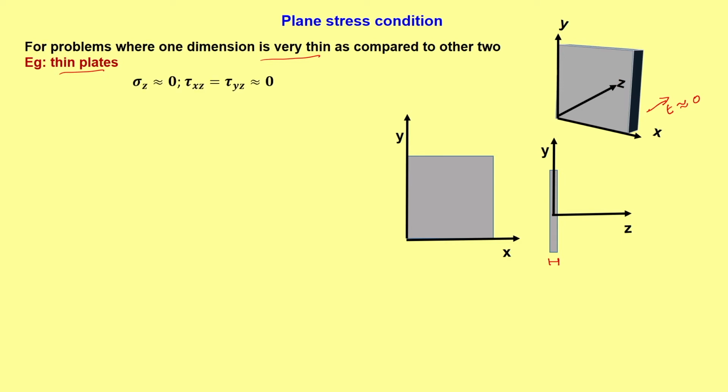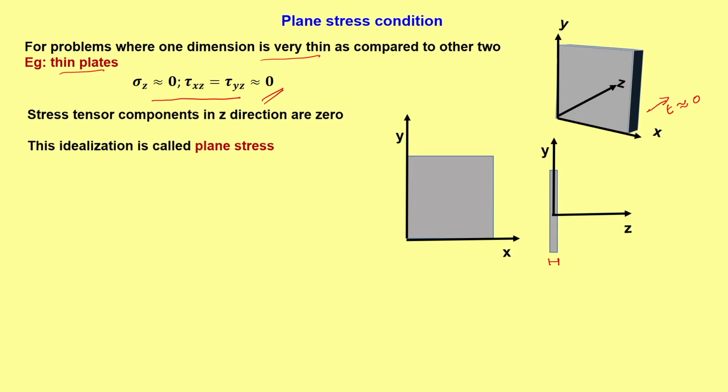the xy plane. So, because of this, one can always approximate the stress acting in the z direction, sigma z, as well as shear stress components tau xz and tau yz, to 0. Stress tensor components in z direction are 0.